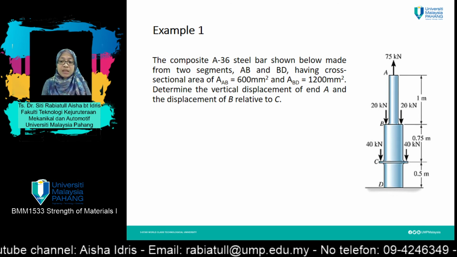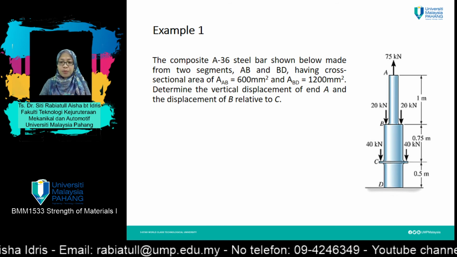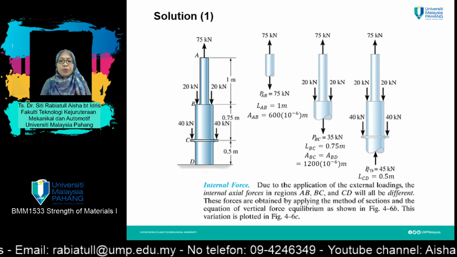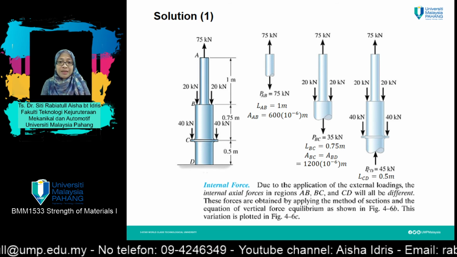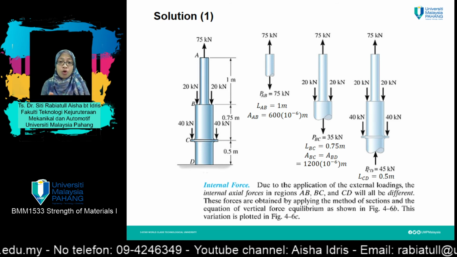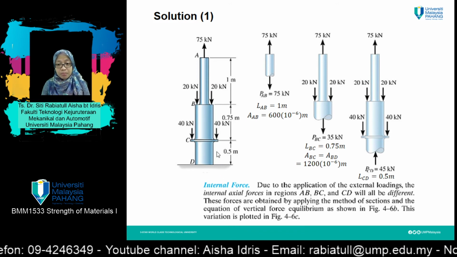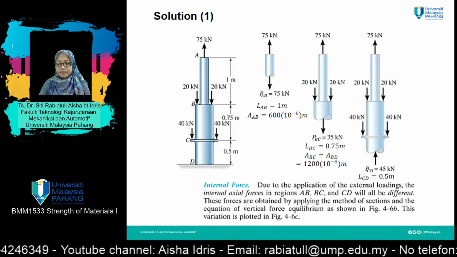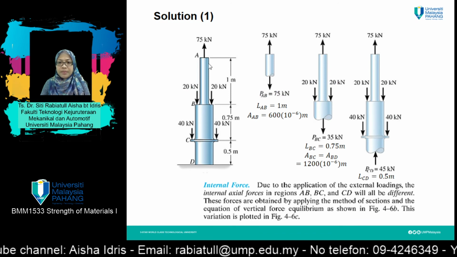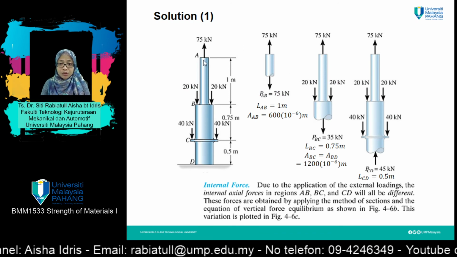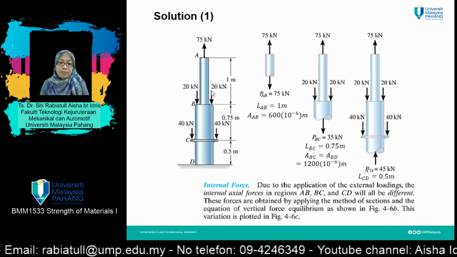Determine the vertical displacement of A and the displacement of B relative to point C. So the first step is that we need to know how we are going to cut the section. Same steps as in the previous example. For this example, I started to cut from point A until exactly before point B.